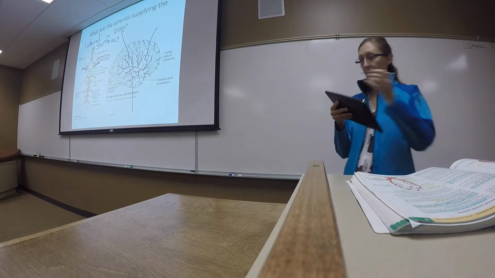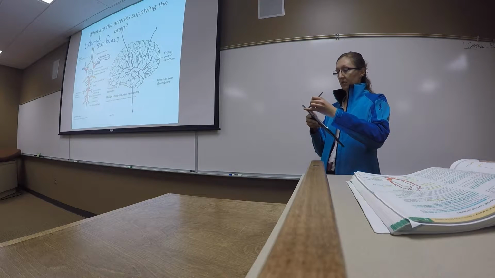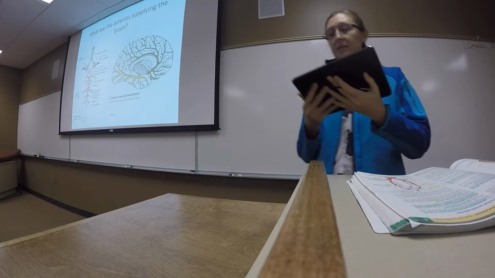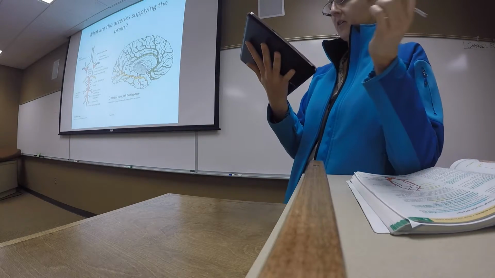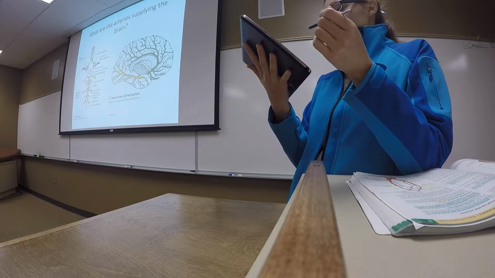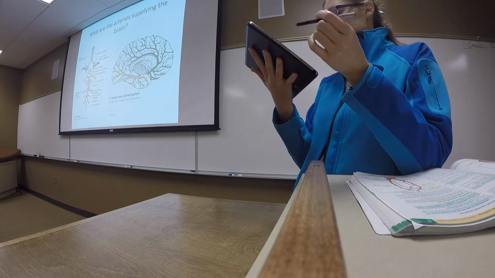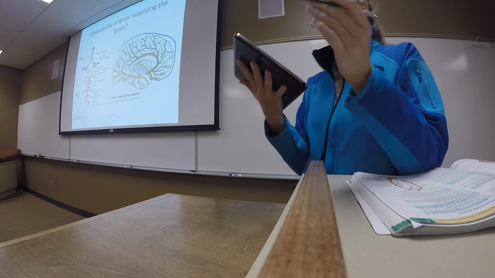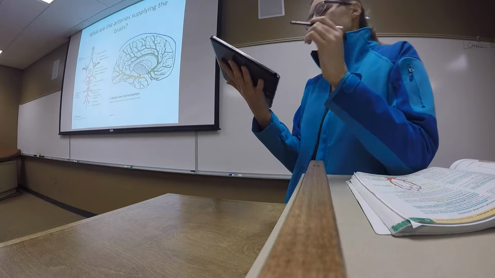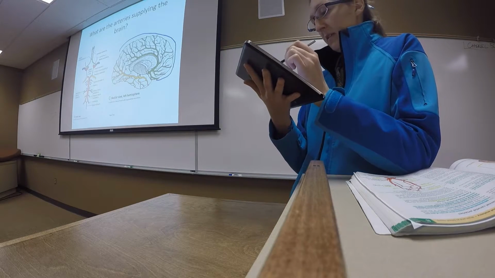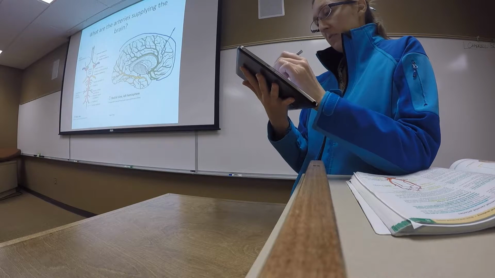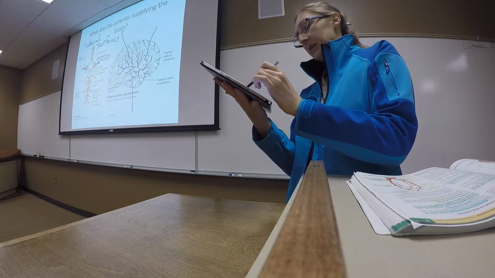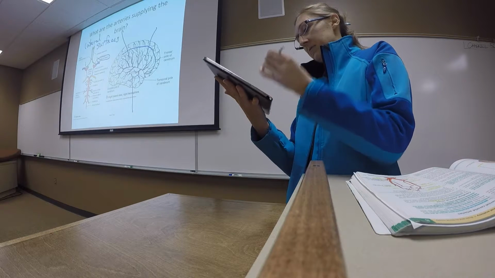Now if we split the two hemispheres apart from each other, so we sever the corpus callosum, we can see the majority of the area that's supplied by the anterior and posterior cerebral arteries. So green would be anterior cerebral, getting the medial wall of the cerebral hemisphere in the frontal and parietal lobes, and it does, if you remember from the previous picture, come over and get the edges here as well.